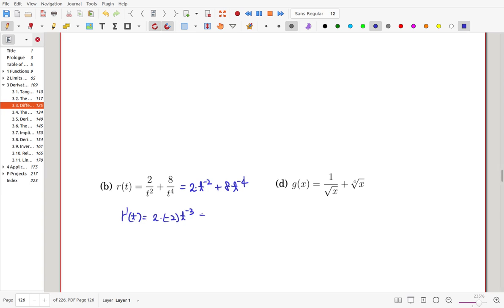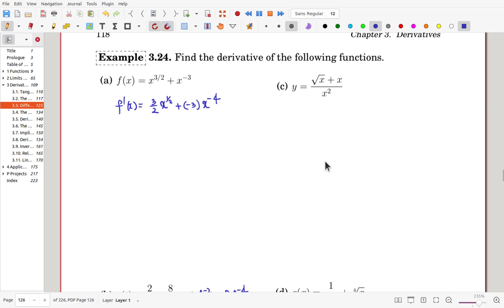Okay, now that is 8 times, here minus 4 will come out, and t to the minus 4 minus 1 is minus 5. Okay, you can simplify here: minus 4 t to the minus 3, minus 32 t to the minus 5. That's the answer. Okay, let's go to C.